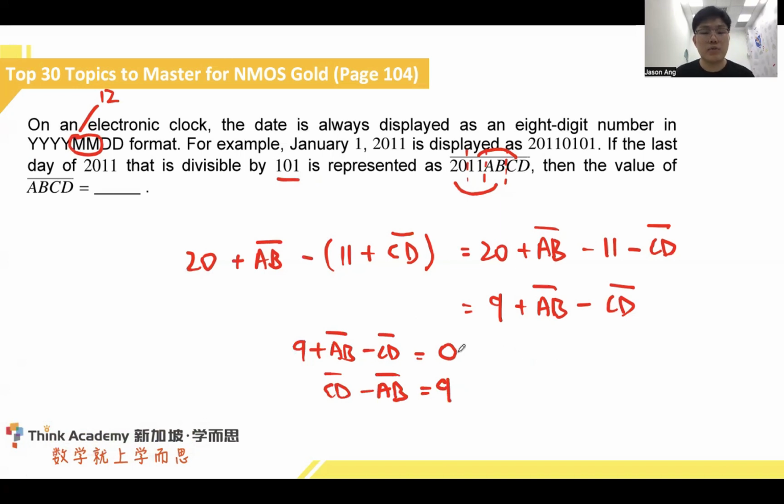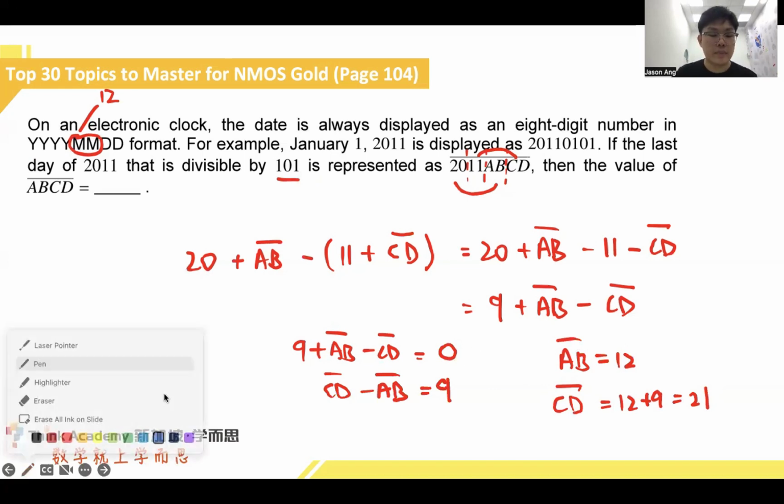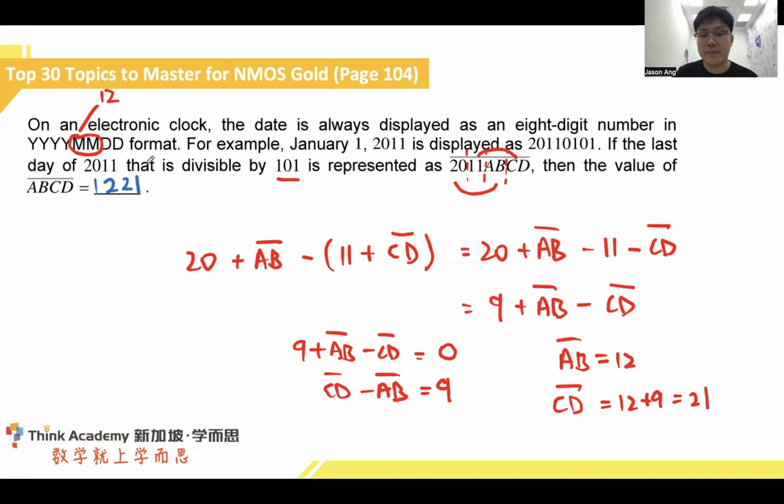So if we place the month as 12, which is AB, this means CD must be 12 plus 9, giving us 21. This number actually makes sense because we can have the 21st of December. So our value for ABCD will be 1, 2, followed by 2, 1.